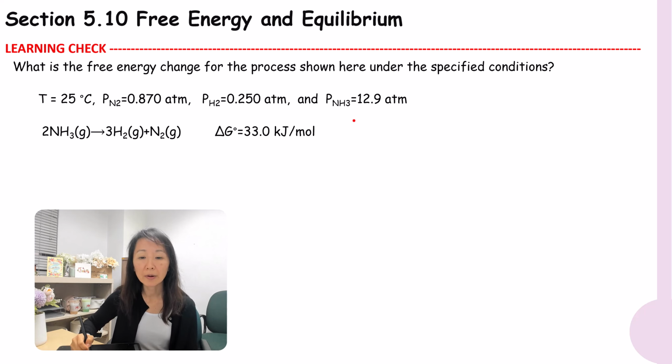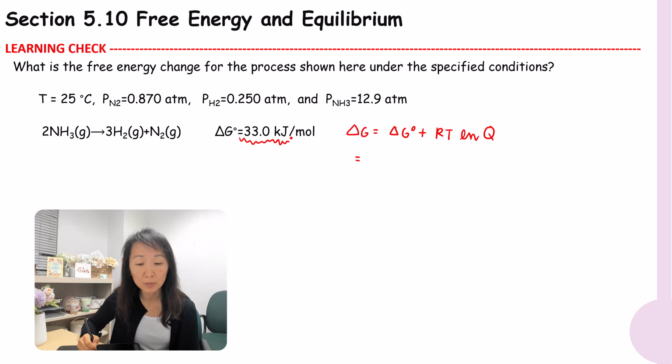So we're going to write out the equation of the delta G in non-standard condition and see what's missing and start to plug in some values here. Delta G naught is already given to you, which is 33 kilojoules per mole. But notice that this is kilojoules per mole.